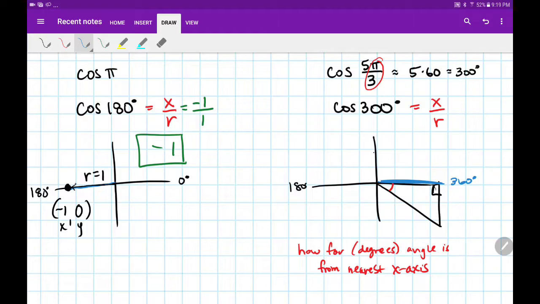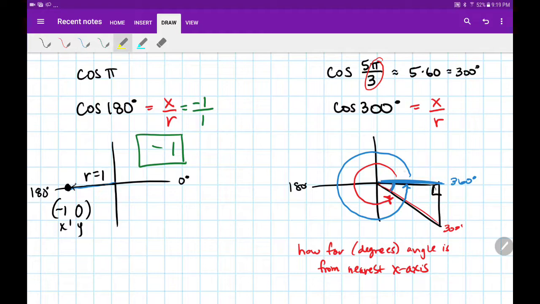Now, here's why I need to use that. Because if I'm trying to find this distance, and I know this is 300 degrees, right? This line is 300. Well, from here to there, that's 300 degrees, but this entire distance around is 360.